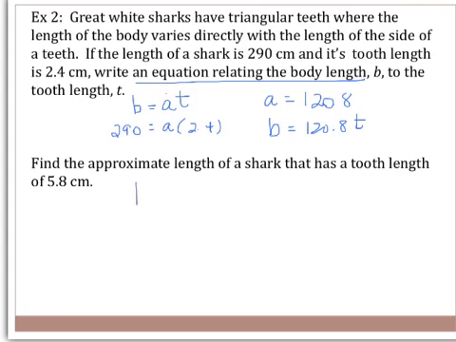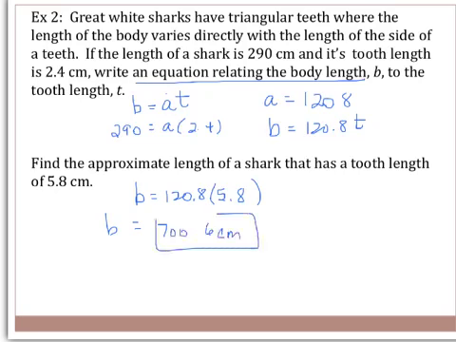So what that means is we're going to substitute in the tooth length for t. And so the approximate length of our shark is going to be 700.6 centimeters. And for these types of problems, good idea to round to a tenth.